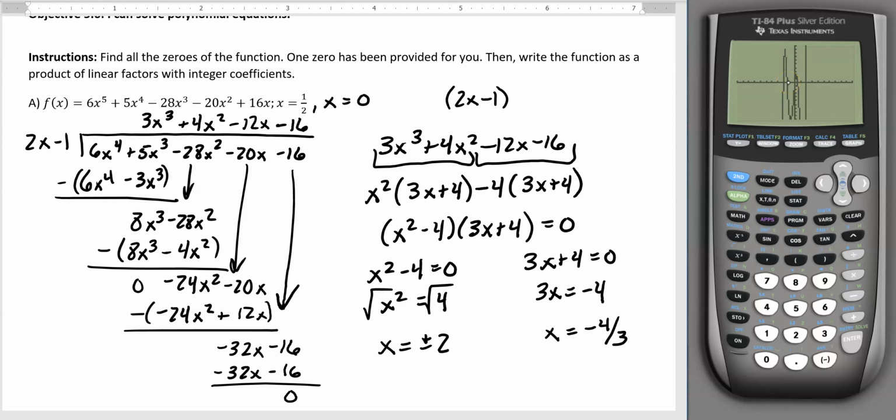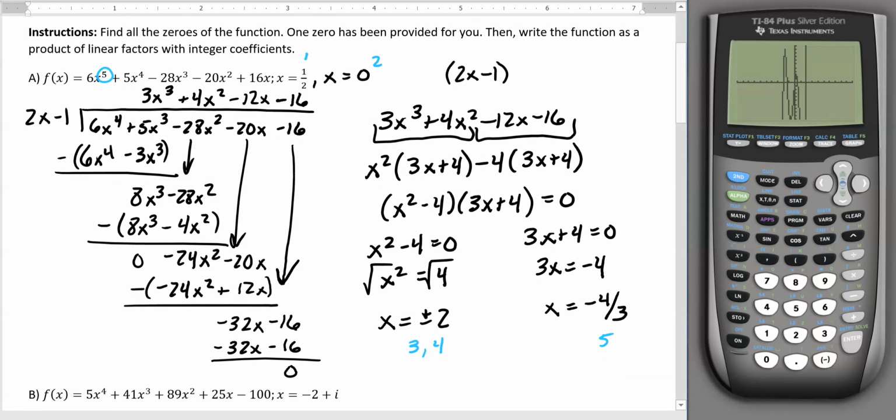All right, so with that being said, let's count our zeros. We have 1/2. That was our first zero. X equals 0. We saw that because there was an x in common everywhere. And then plus or minus 2, and then negative 4/3. That gives me the 5 zeros I need for this 5th degree polynomial. So let's go ahead and write this out in factored form.